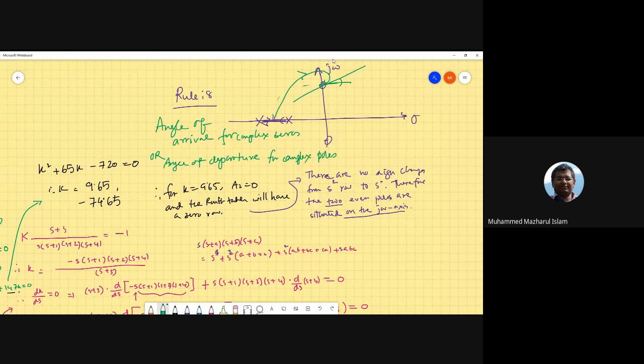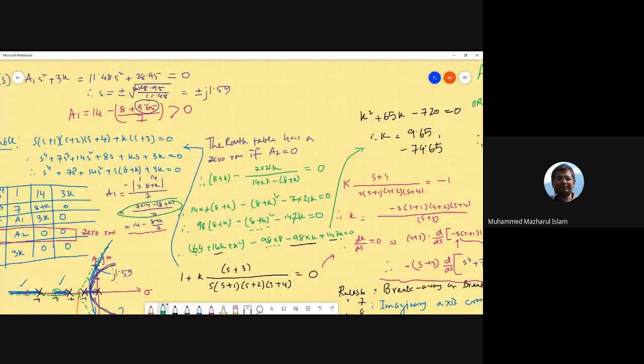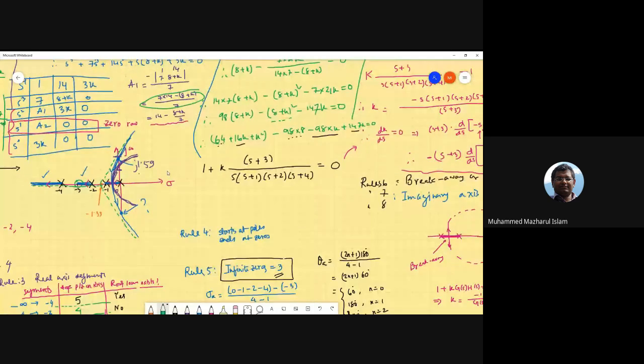Again, not all root loci will have complex poles and complex zeros. Therefore, you don't need to utilize rule 8 for all kinds of root locus. For example, in this case, we don't have any complex poles or zeros, so you don't need rule 8 for this system. Up to rule 7 would be sufficient.